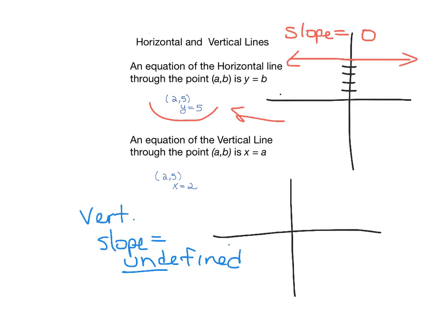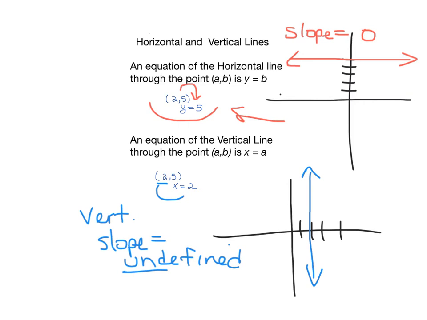So this one, if I were to graph it, would be the vertical line through the 2, going through the x-axis at 2. And that would have an undefined slope. So that would be the x of the ordered pair. It's x equals when it's vertical. And for the horizontal, it's y equals the y of the ordered pair. So be able to do this.